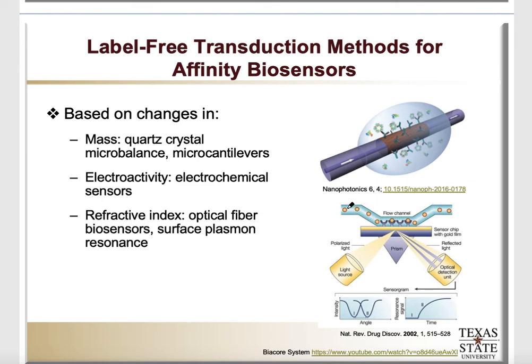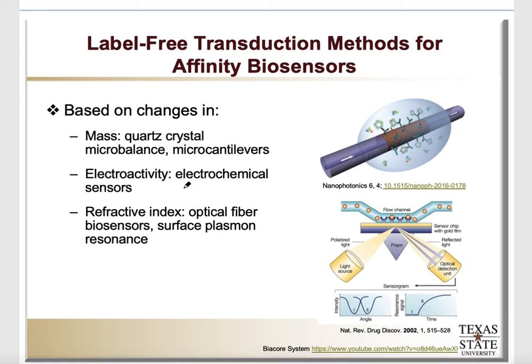As binding of the target molecule occurs onto those biorecognition molecules, there's going to be changes in the angle of the light reflected because of the changes in the surface plasmon resonance here. And that is going to be optically detected. This technique can be utilized to detect not just the concentrations of the analyte, but also the kinetics of the binding process. That's something that is kind of unique to this process. Actually, you can also do that with the mass-based technologies, maybe with all of them. I'm not sure. It kind of depends on the sensitivity and things like that.